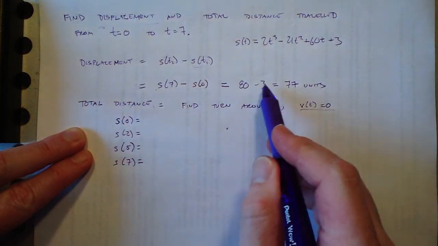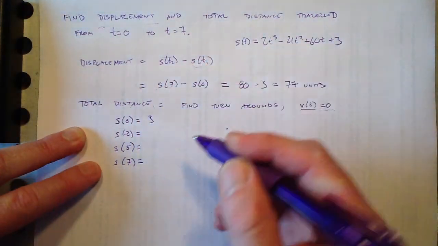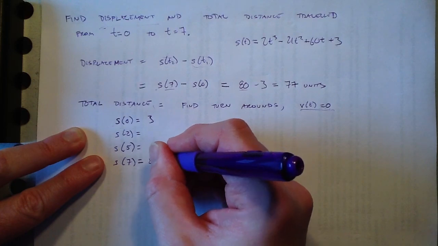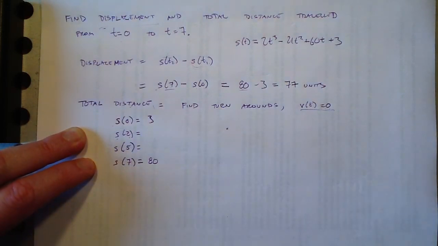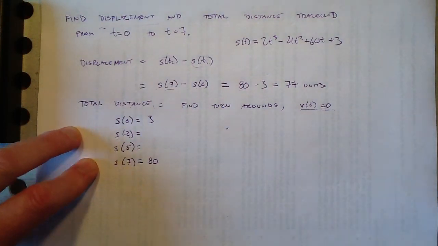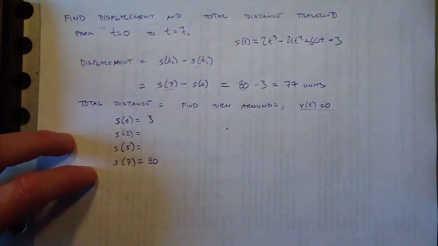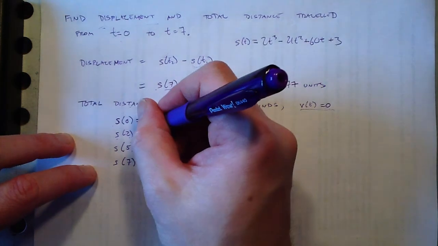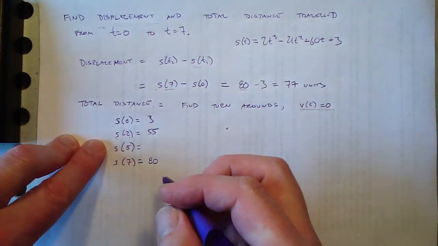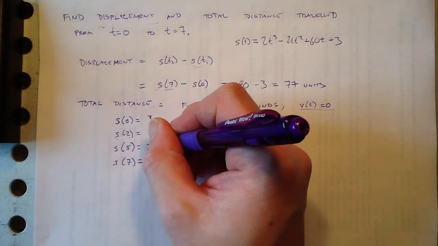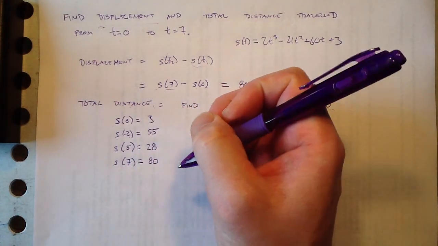So s of 0, we already found that, that's 3, and while we're at it, we already found s of 7, that's 80. What's my position at 2? I think I found that here. It's 55. And what's my position at 5? I'll leave it for you to check, confirm that that's 28.